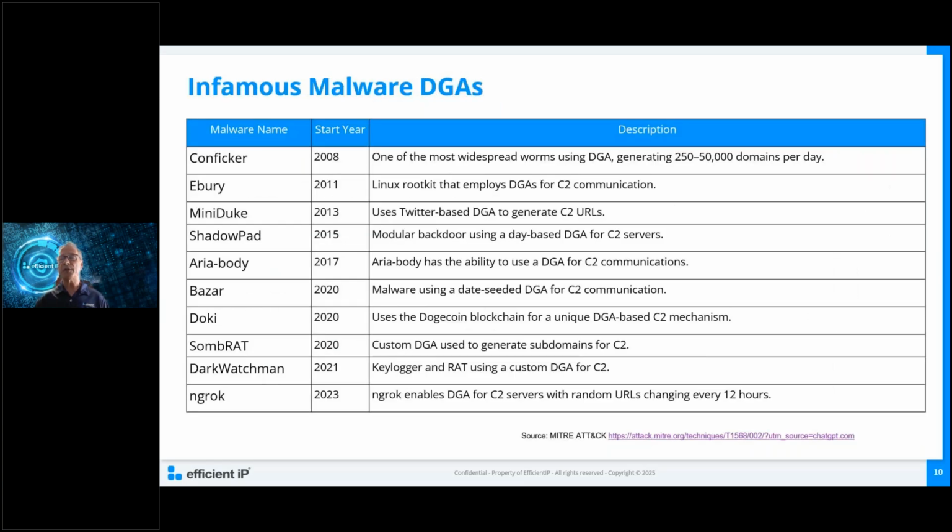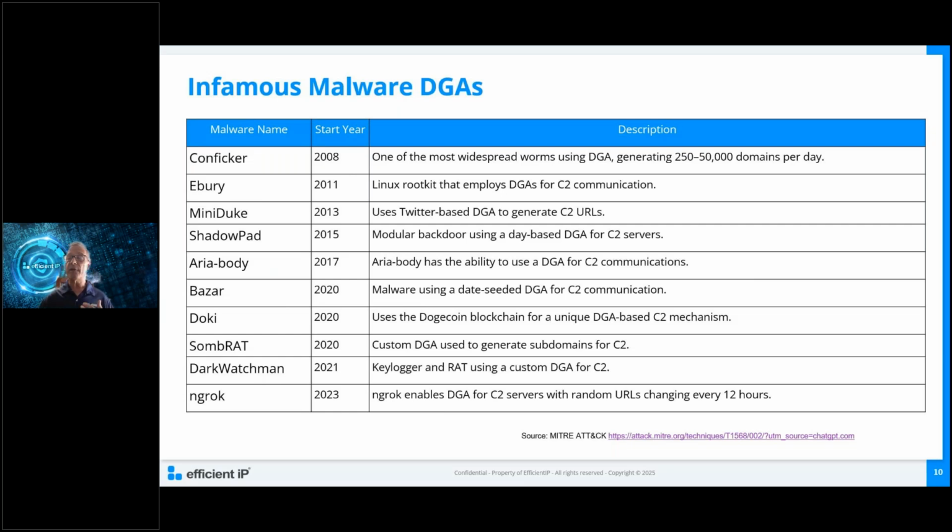Here's a snapshot of well-known malware families that use DGAs. These are real-world cases documented in MITRE ATT&CK, which tracks how attackers operate based on observed behavior. You'll recognize Conficker from a previous slide as an early large-scale infection.